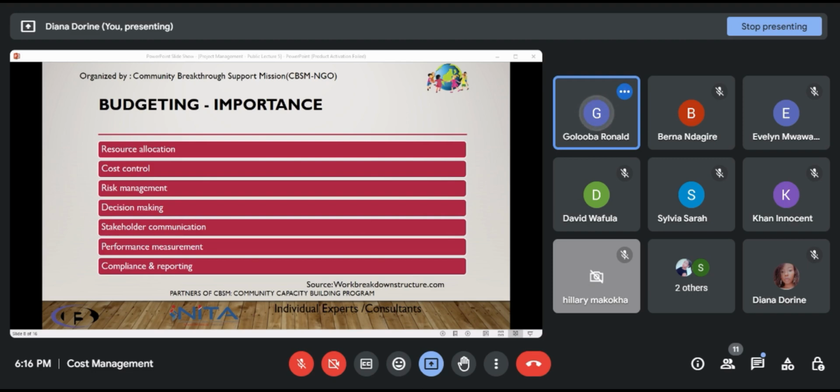I'll give an example. For those that are working with the communities, you have a project you're implementing. You have these community mobilizers, and they're not aware of the budgets, how they fit in within the budget. So you train these people, and you send them out there to go and do this community work, and at the end of the month they expect some sort of a wage for the services they have provided.